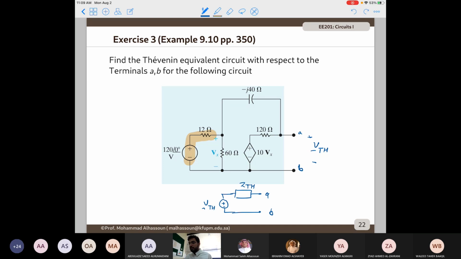Okay, so let's start with source transformation. So let's convert this one to a current source in parallel with a resistor, and then we'll convert it to a voltage source in series with the resistor.